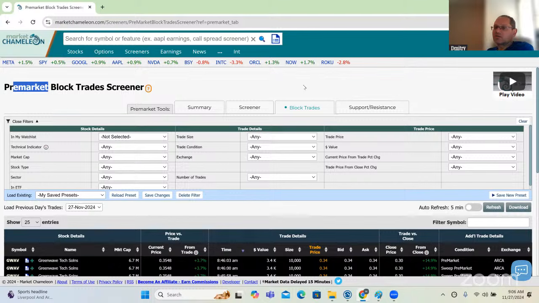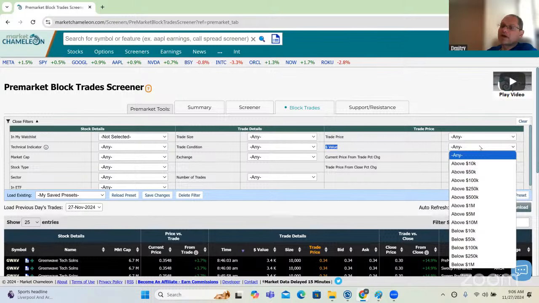But we could use some of these tools over here to filter and look for a certain dollar amount. So we could look for single transactions. Let's say we're looking for anything above $250,000 worth of stock.